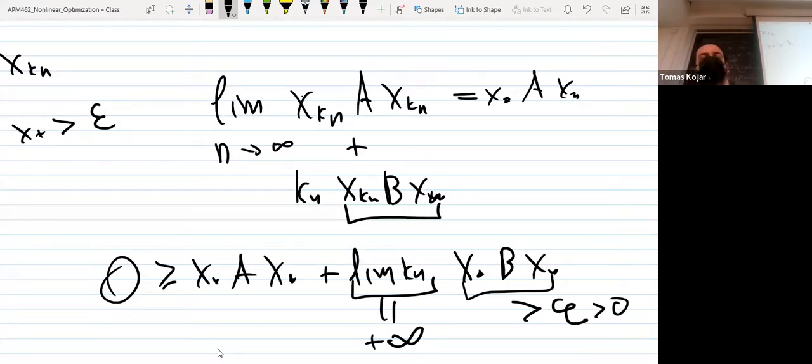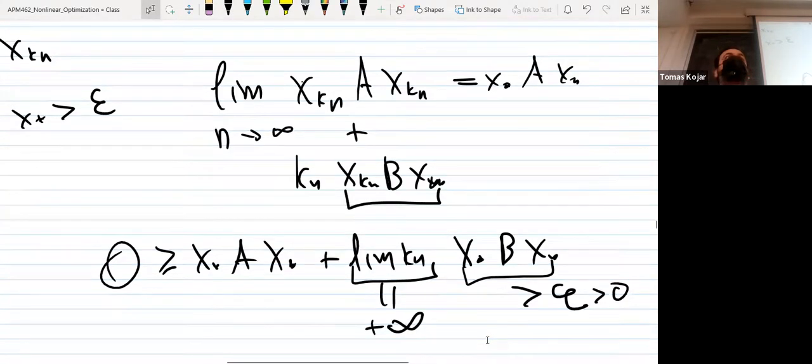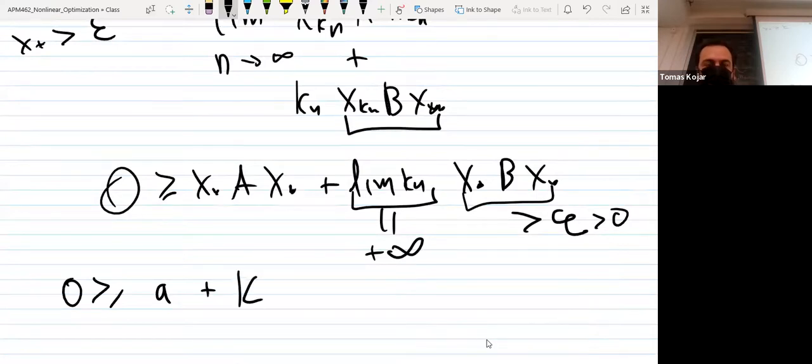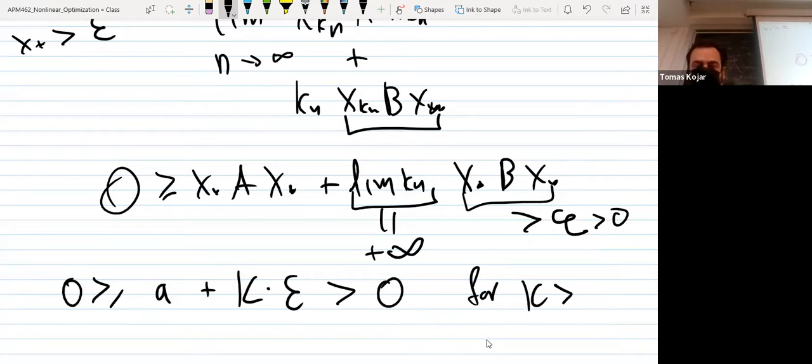So what's the contradiction? Suppose you have some number a, and then you have some huge number k times epsilon, and take k bigger than, I don't know, 1 over epsilon, with a, 2a, something like that.